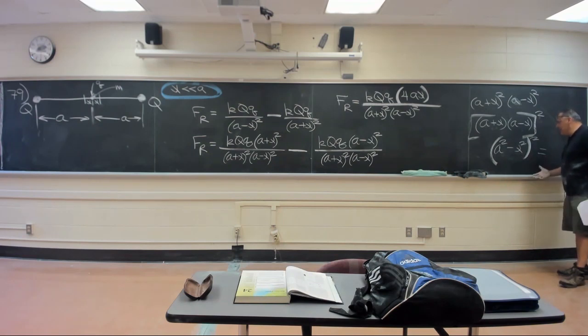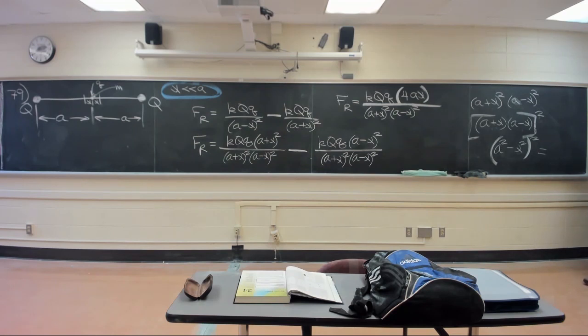If you actually do this, you get a to the 4th minus 2a squared x squared plus x to the 4th.